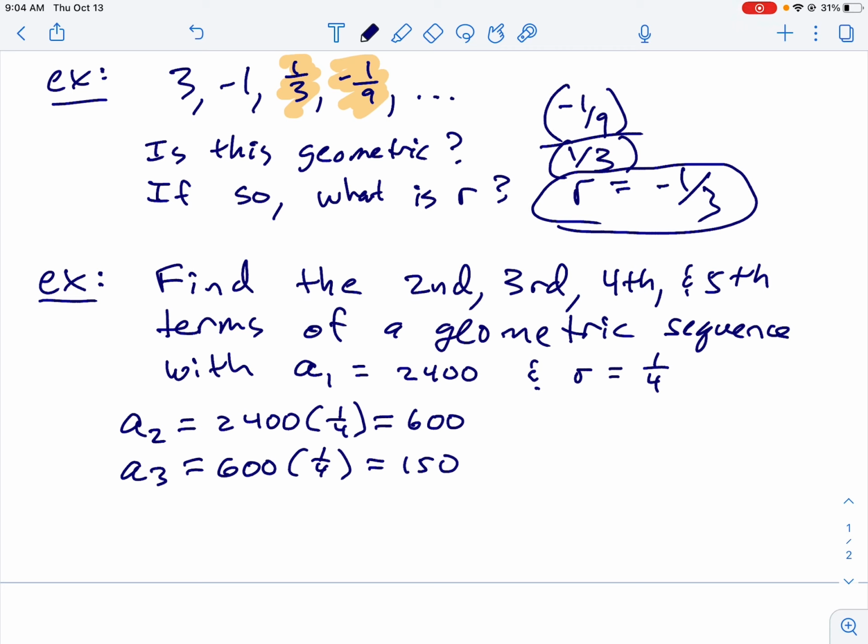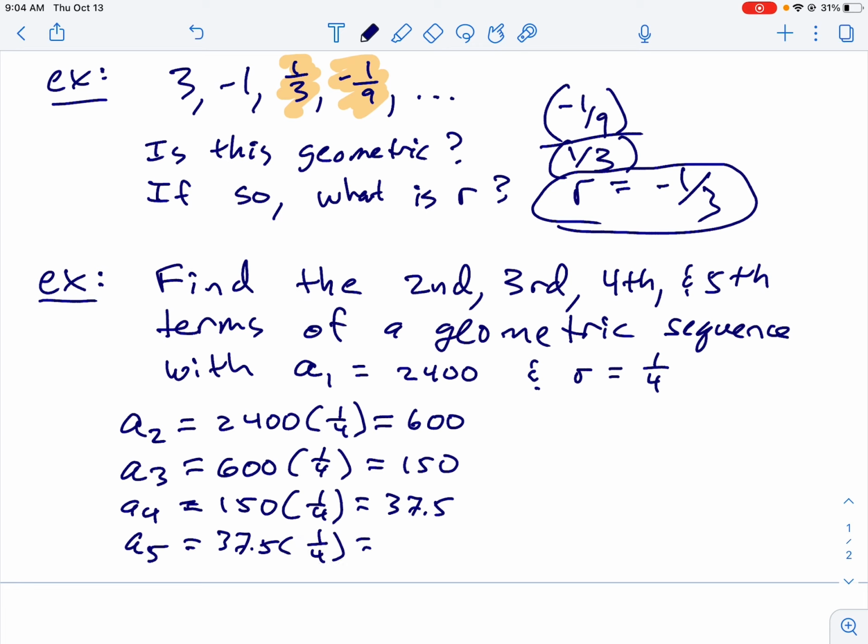But anyway, let's see, where was I? 150 was the last one I had, right? So then the next one would be 37.5. And the last one, A5, would be 37.5 times a quarter, which we already did on the calculator.